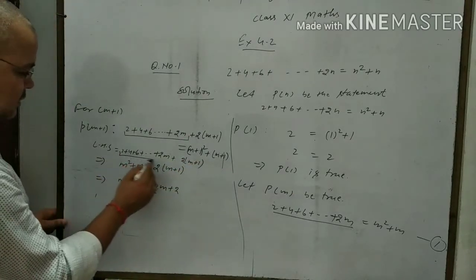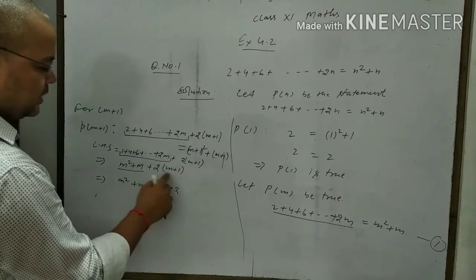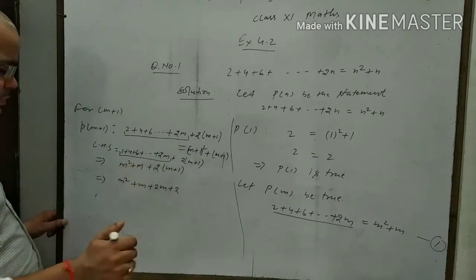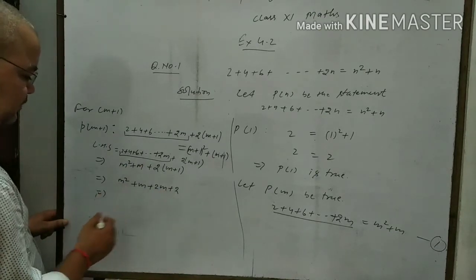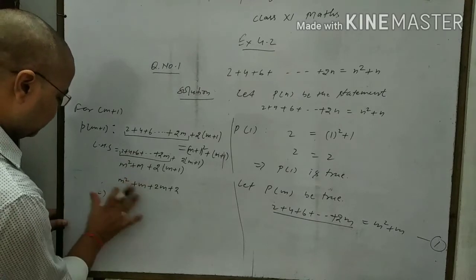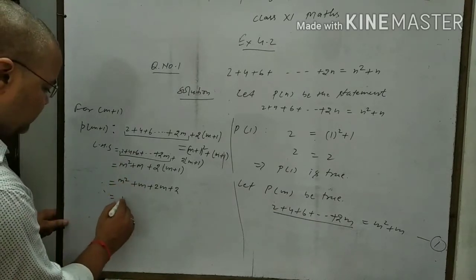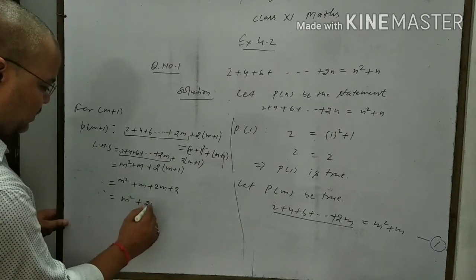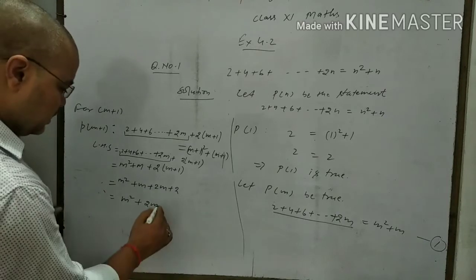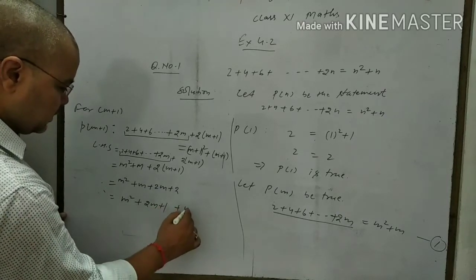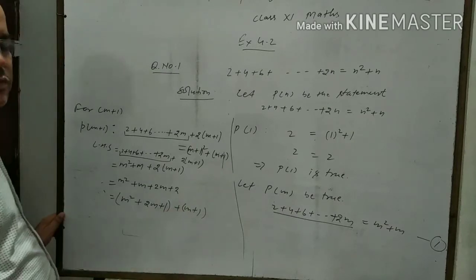Then at the place of this we can write this value, and 2 into m plus 1 can be written like this. Okay. Now m square plus m plus 2m plus 2, we arrange it as m square plus 2m plus 1 plus m plus 1, and we can write like this way also.